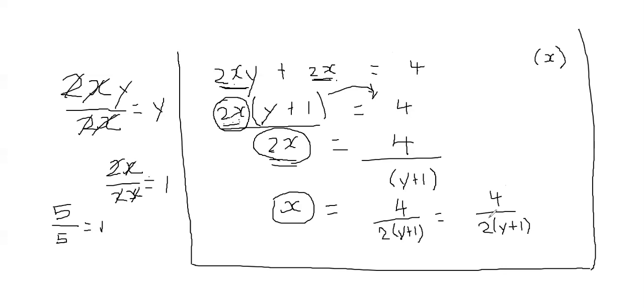We could also reduce if we want. Look at this. 2 into 2 is 1, and 2 into 4 is 2. So if we reduce this, we get 2 upon y plus 1.